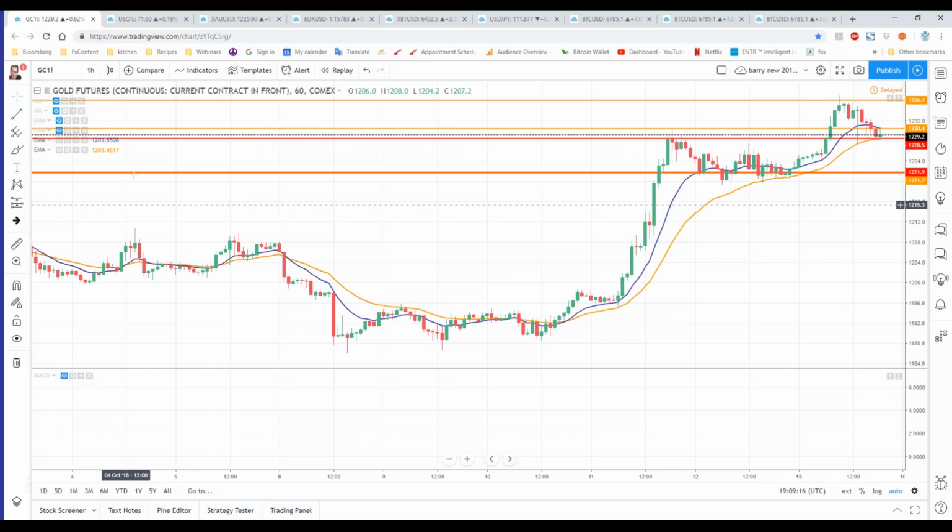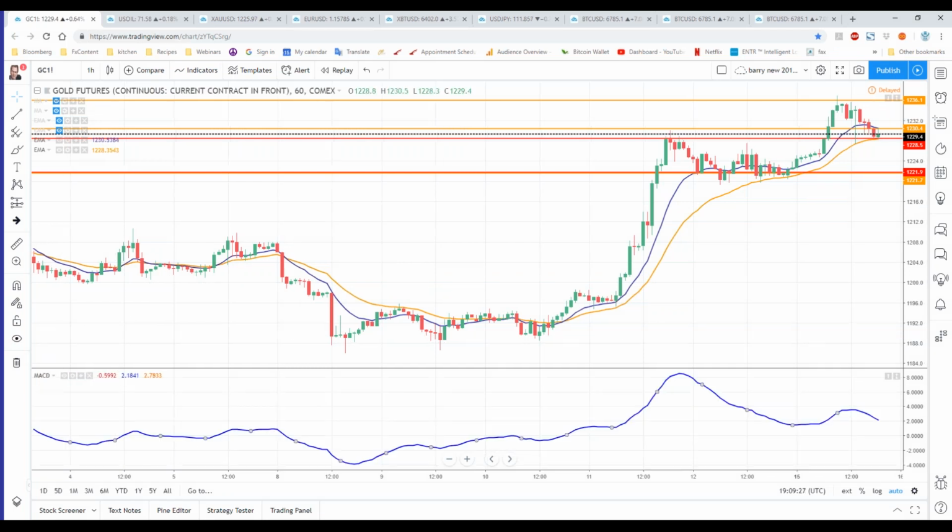Now we would go up to indicators on whatever platform you're using, locate MACD and click on it. Here I've already got it set up. The first part of MACD, which is the blue line down below, is simply the difference between the orange line and the blue line on the chart.